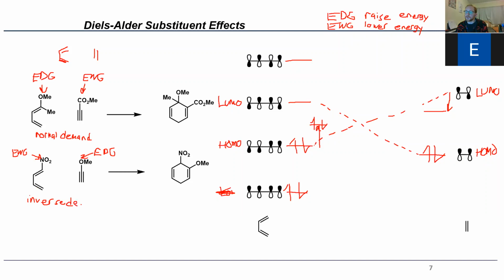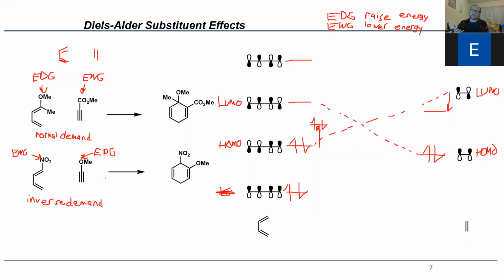I saw a good question in the chat, which is, why do electron donating groups raise the energy and why do electron withdrawing groups lower the energy? This just has to do with, I guess you can think about it as electronic energy levels.